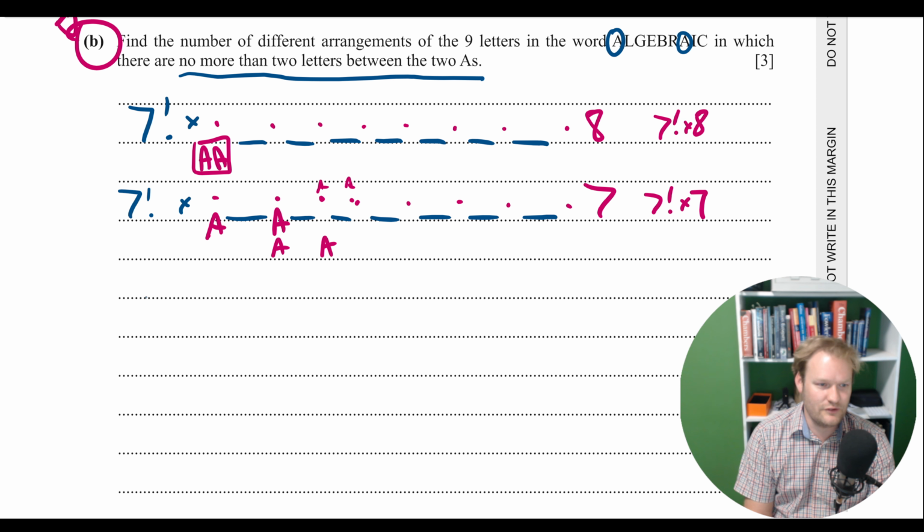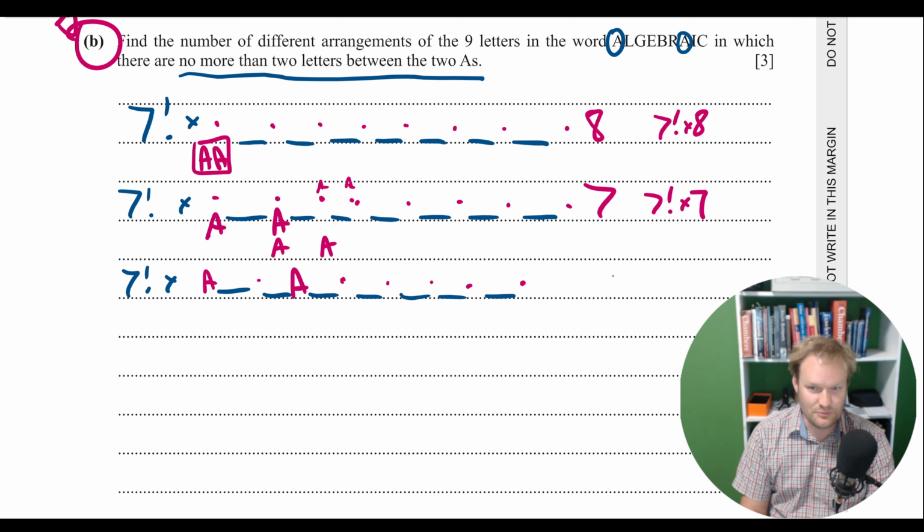And our last option for the A's is that we've got 1, 2, 3, 4, 5, 6, 7. Those are the 7 non-A's that are placed. And we could have an A, a gap of 2, and an A. So there's one option. And this could move across. So we've got A and A, so there's a second option, third, fourth, fifth, sixth option.